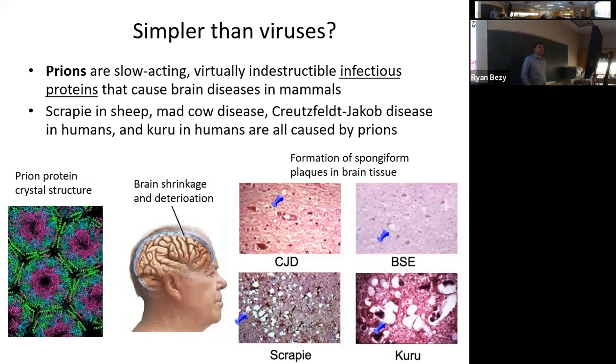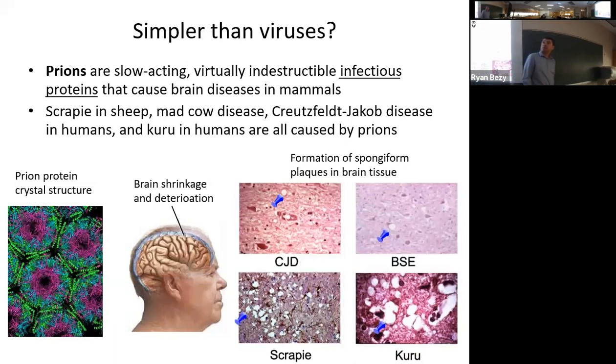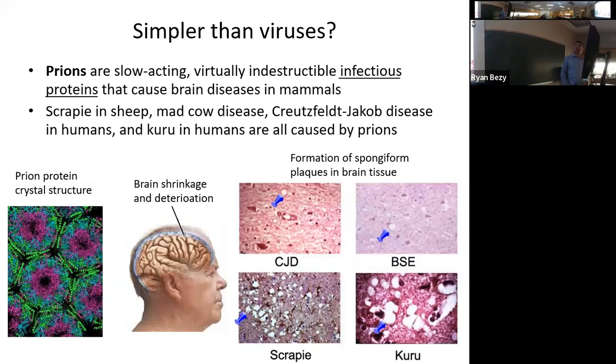Some examples of prion disease are scrapie in sheep. Mad cow disease, you guys might have heard of that before. That's a prion-based disease that affects cows, but also can transfer from cows to humans and has done so in the past. Creutzfeldt-Jakob disease in humans, and then Kuru in humans. These are all diseases caused by prions.